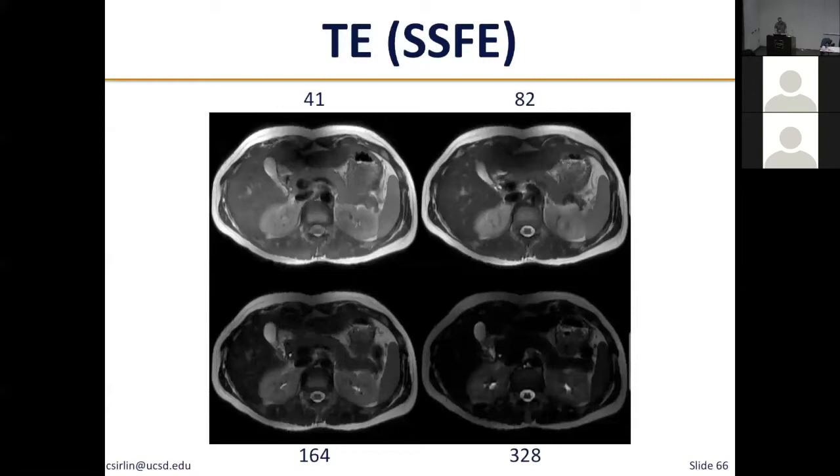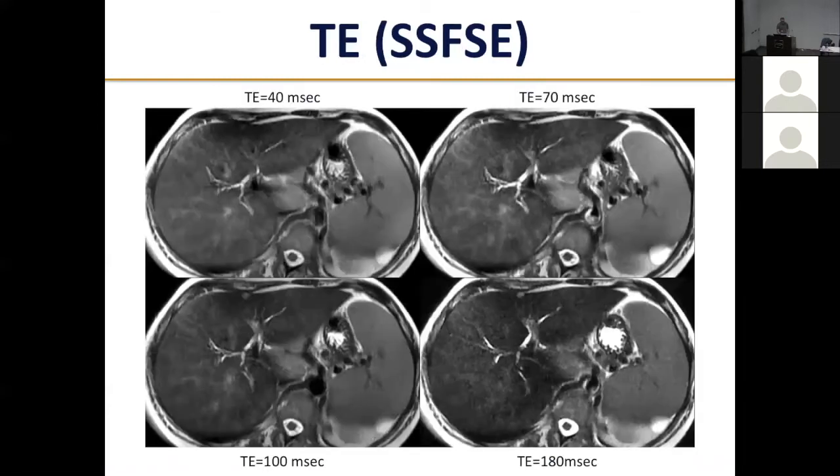A lot of people will say that the T2 weighting increases as the TE increases, and they show an example like this. Look how bright I see the liquid in the cerebral spinal fluid. But I would argue that it's not so much that T2 weighting is increasing, I would say the T2 weighting is changing. To illustrate that, let me show you this example over here.